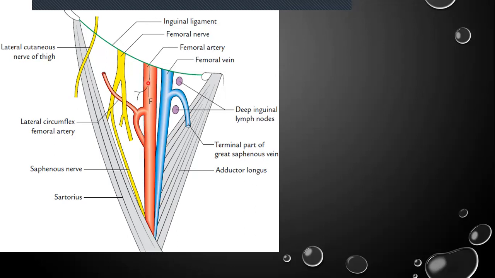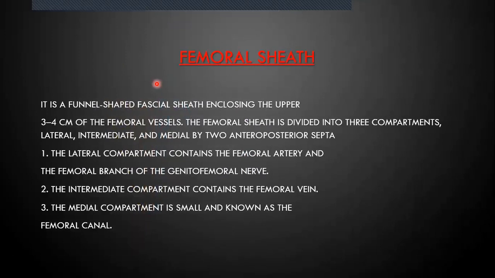But if you haven't understood this anatomy, I want you to imagine what damage you can do to that patient if you pierce the lateral side of the femoral artery. That is very dangerous and can lead to paralysis of the quadriceps femoris. So please understand this arrangement. So let's look at the femoral sheath.